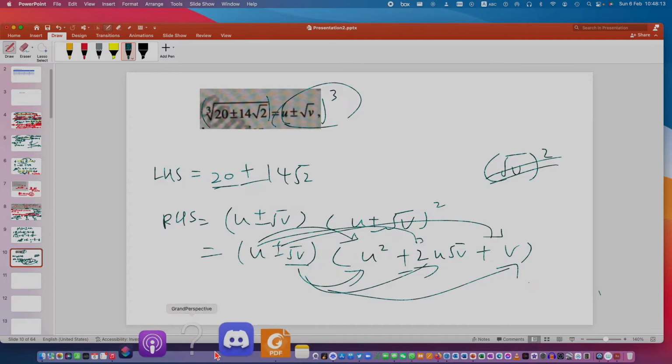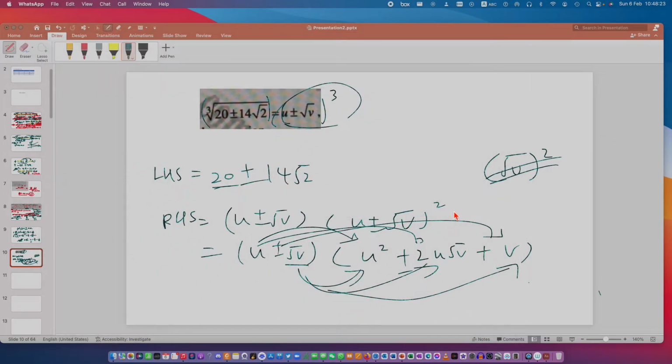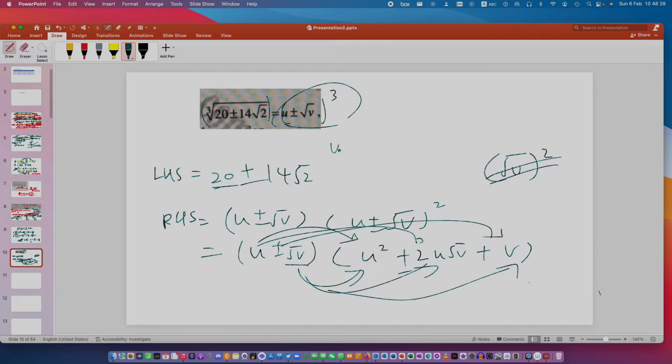Let me look at the question again. So it says: simplify fully the following cubic radical. Oh, okay, good. So you will end up with, let me just continue a little bit. The u cube, which is here, then this will be plus 2u square root v, then you get uv. Below, I do the plus first.